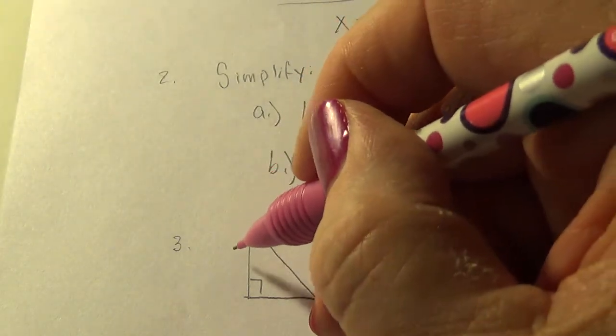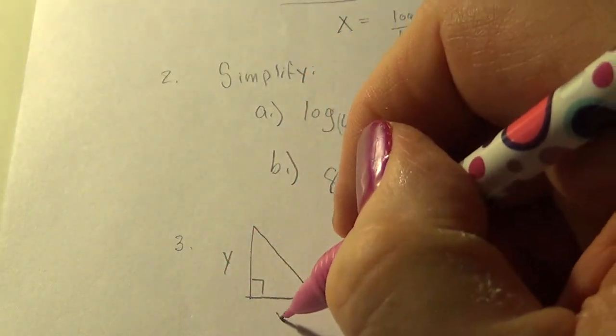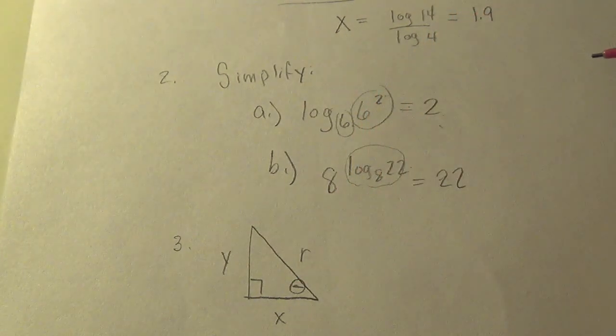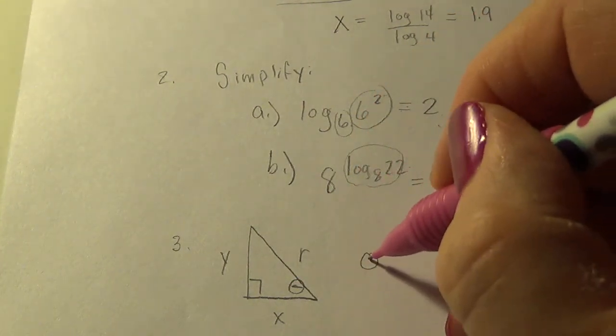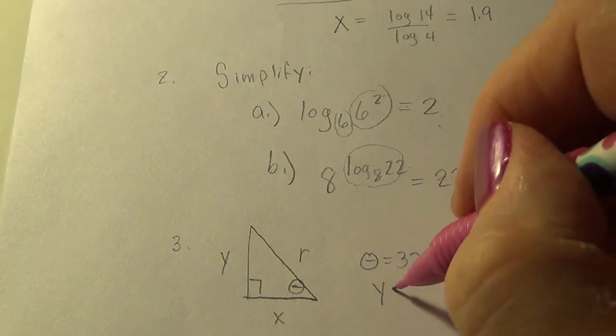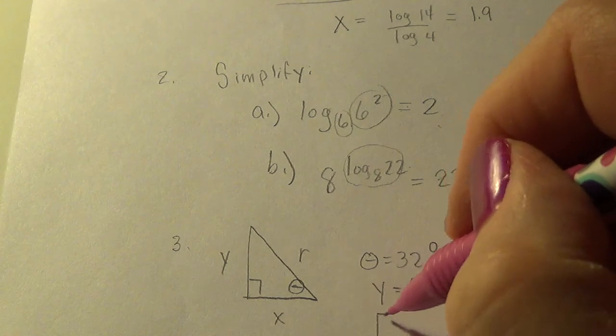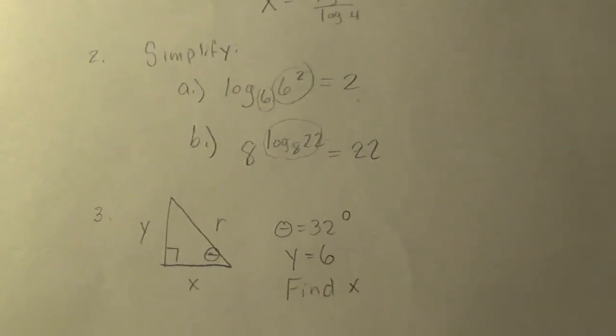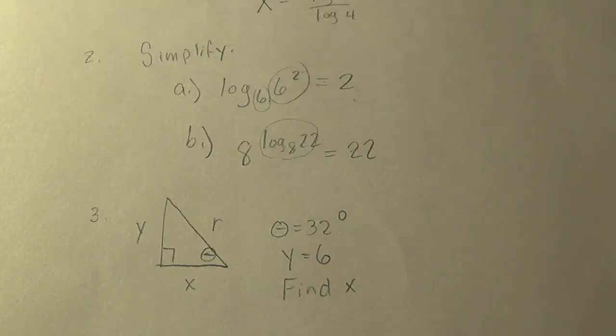And we have a y and an x and an r and a theta on this right triangle. And we know theta is 32. We know y is 6. And we want to find x. So, back in our pre-calculus pocket, looking around, we find trig functions.